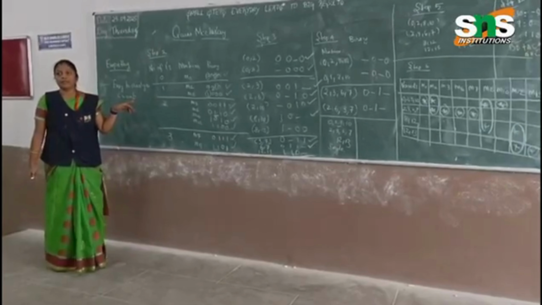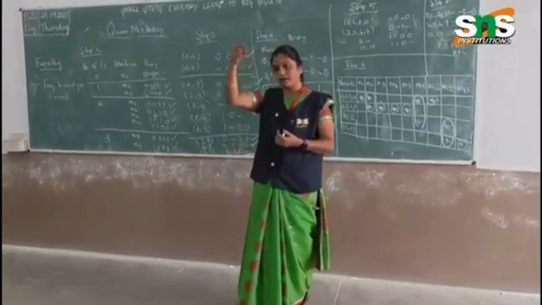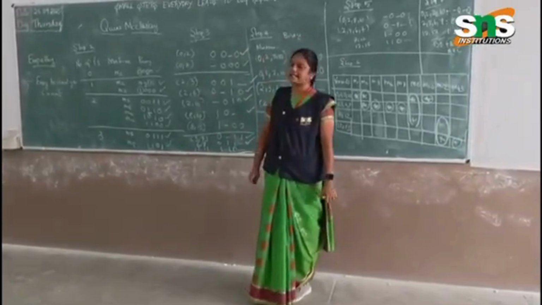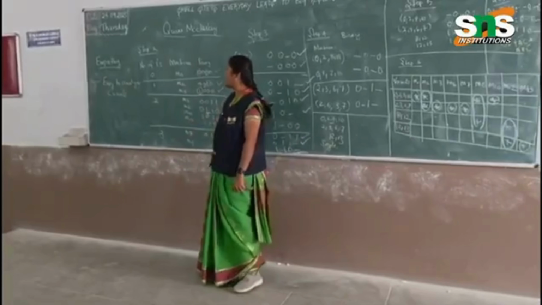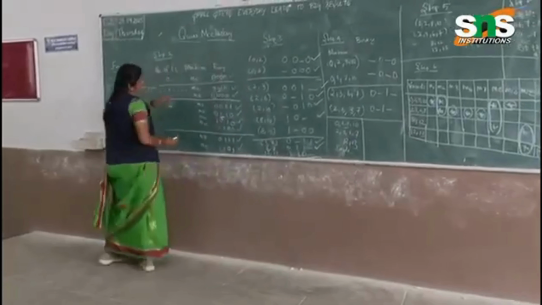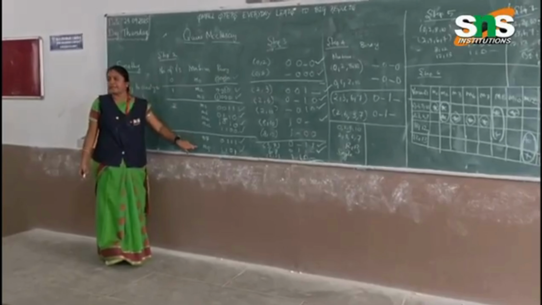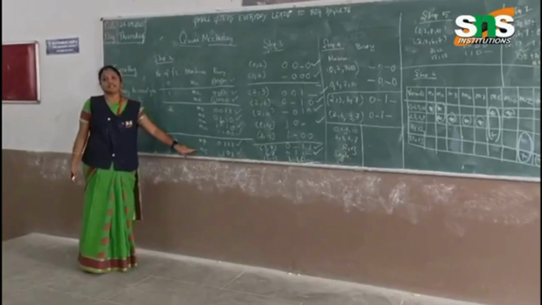The first step is to list the minterms. The next step is to arrange the minterms according to the number of ones. So these are the minterms: m0, m2, m8, m3, m6, m10, m12, m7, m13.